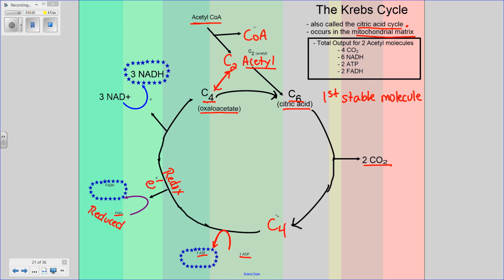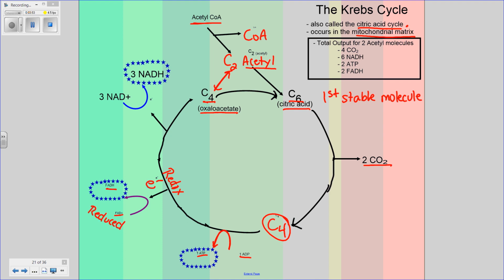FAD+ is like a cousin to NAD+. Don't worry about differences, just accept that it is another temporary energy storage molecule, and by giving it an electron, it turns FAD+ into FADH. So who's being oxidized? Our C molecule right here. Remember, that's what we're tracing through this process. So we have a little redox reaction.